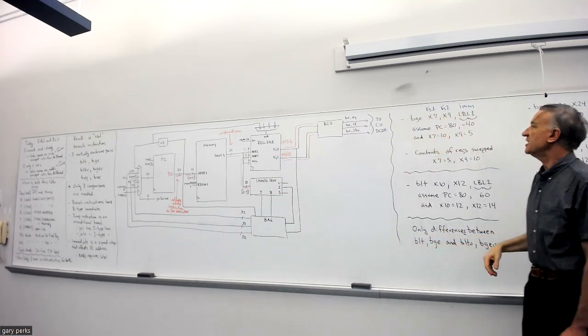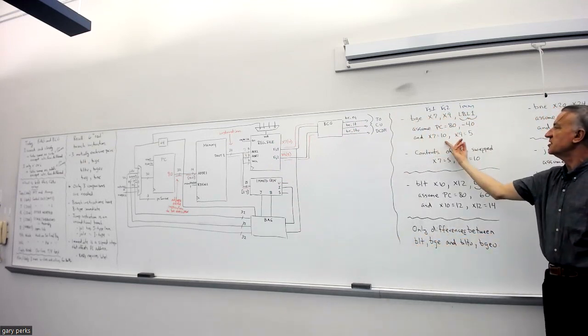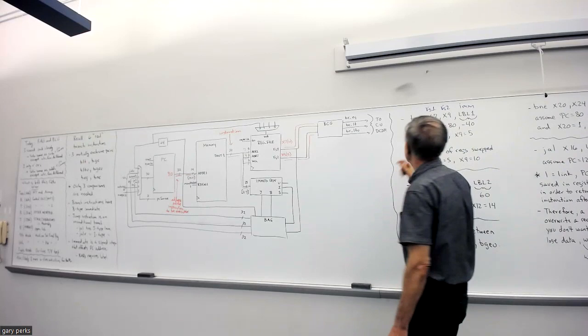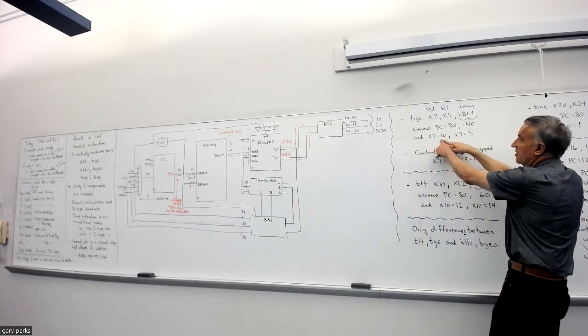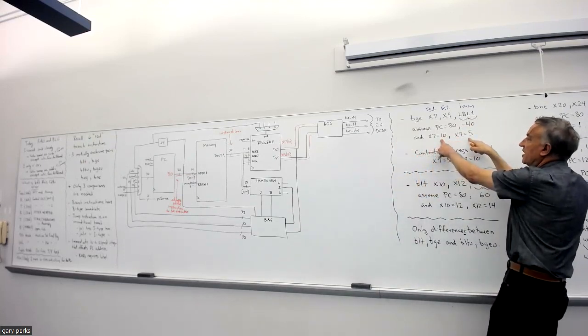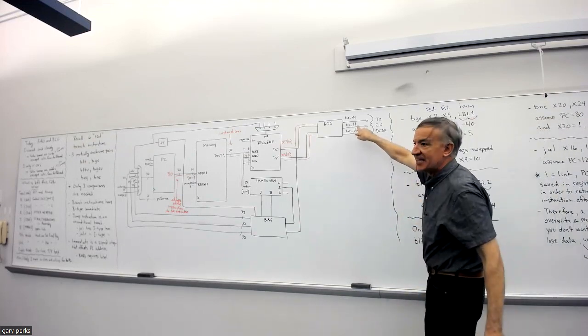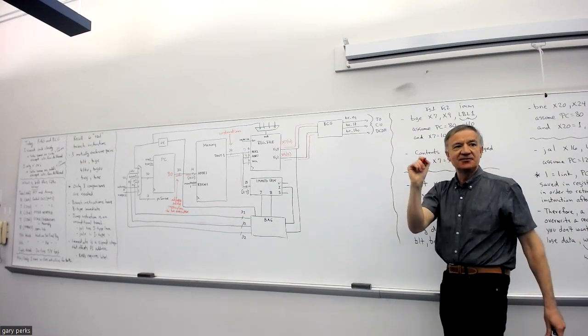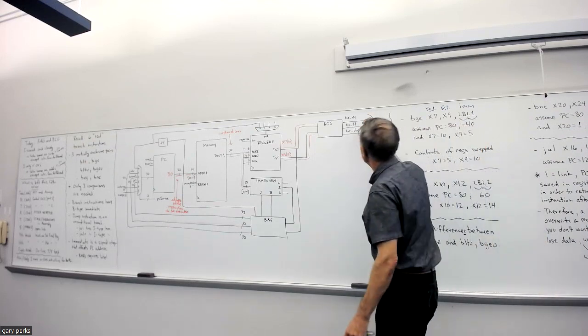So what would the branch output be based on this instruction and these contents? 0. Right? Because contents of register 7 is greater than contents of 9, but the output is less than, right? So the greater than would be 1, but the output is less than, so it's 0. So you see, this would be a 0.